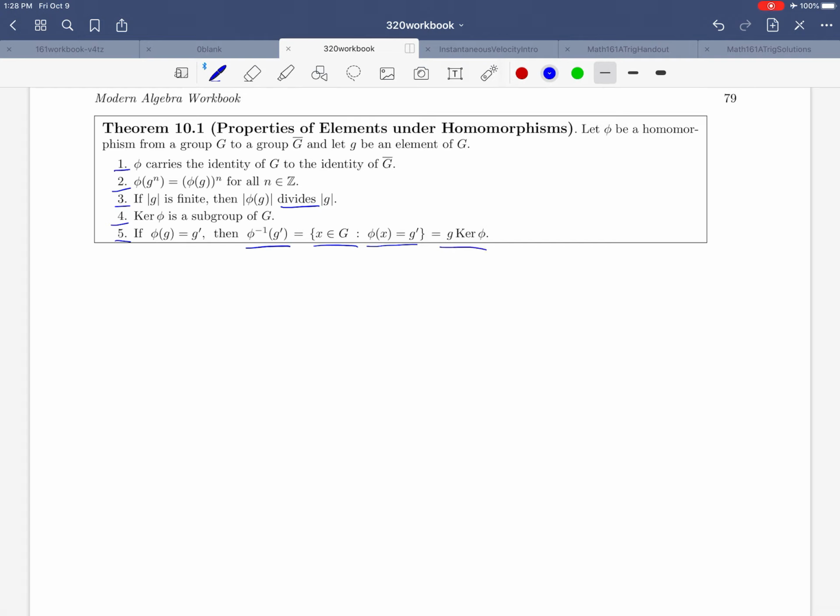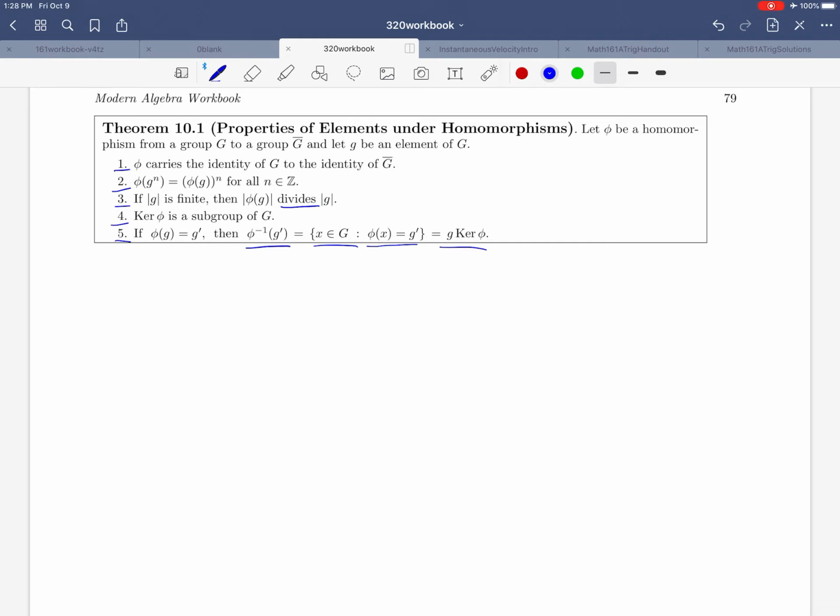We've seen several examples of that in example 3, A and B. We saw that the inverse images of particular elements were the entire cosets of something that mapped to an element in G bar.